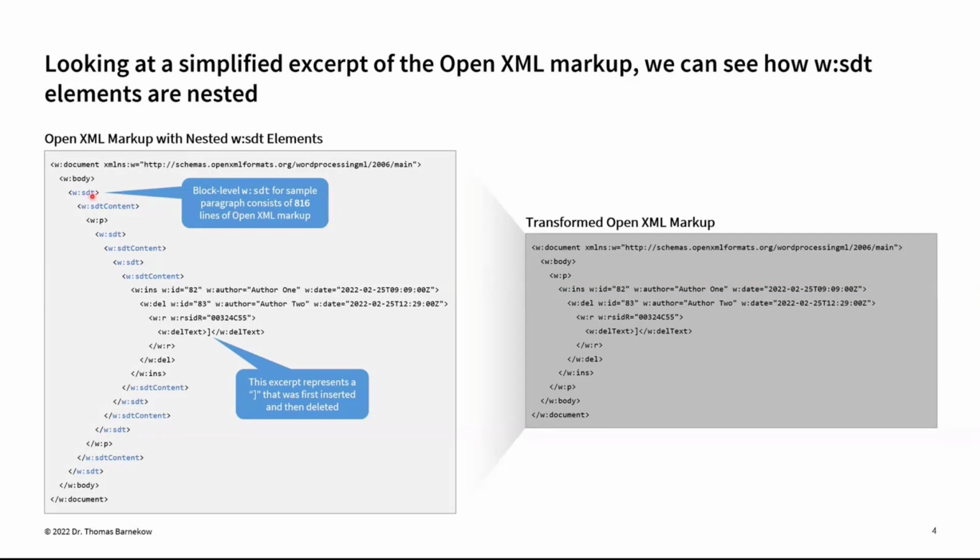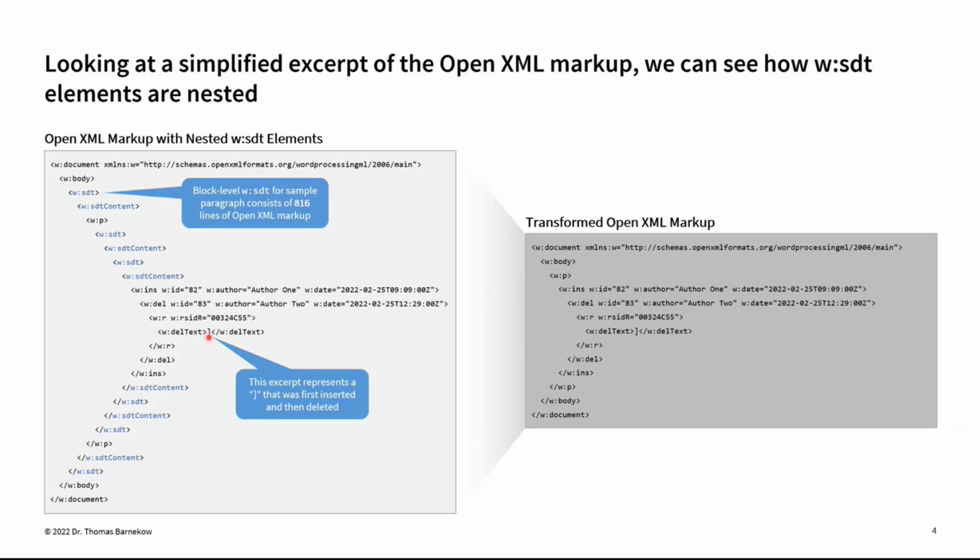And you would see the SDT, so structured document tags or content controls, which always have a w:sdt and then a w:sdtContent child, and then it can have nested content, in this case a paragraph, and again a content control, with again a nested content control, and ultimately some revision markup, so inserted or deleted content, in this case a run, which was a closing square bracket.